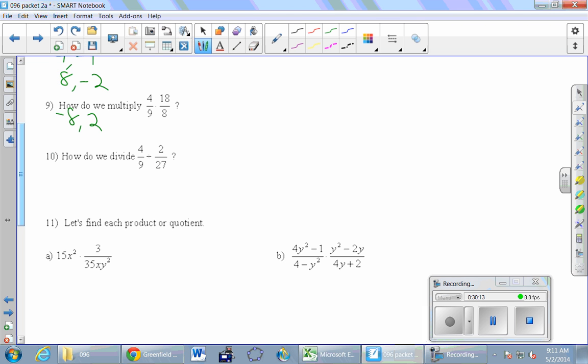Far better than multiplying straight across first is to do what? Is to reduce. Before you multiply, reduce. So let's start canceling. Let's see. 4 and 8 become 1 and 2. So far, so good. 18 and 9 become 2 and 1.